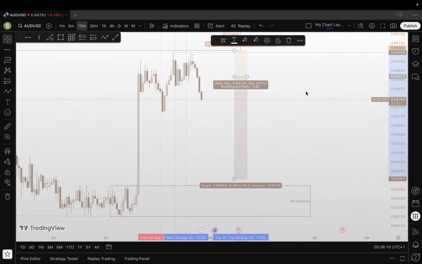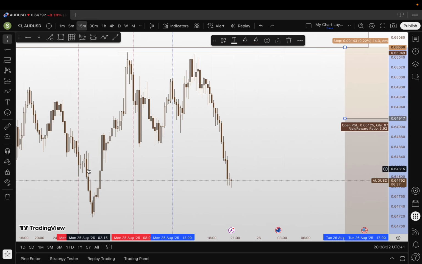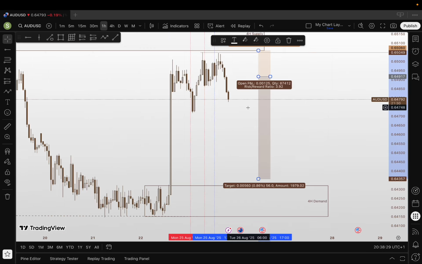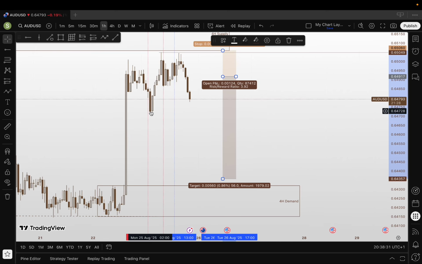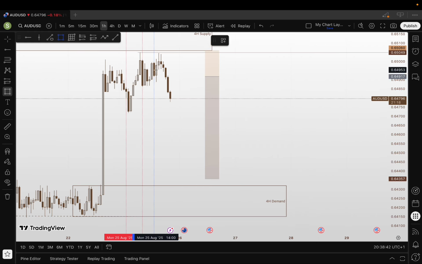Let's go to 15 minutes. For supply, a proper change in the state will be below this. A proper break of structure would be below this low, but this one could still count. And then this would be the new supply, because price broke this low and there's a fair value gap, so this will be the new supply zone.